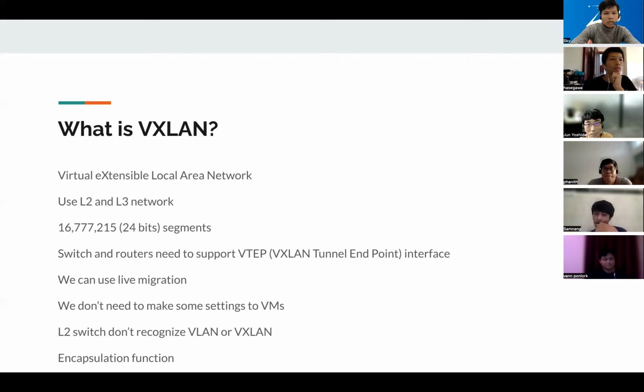But I'm not 100% sure about it. If anyone knows, you can just talk here. It looks like a similar technique, but it looks different from VXLAN as I see.